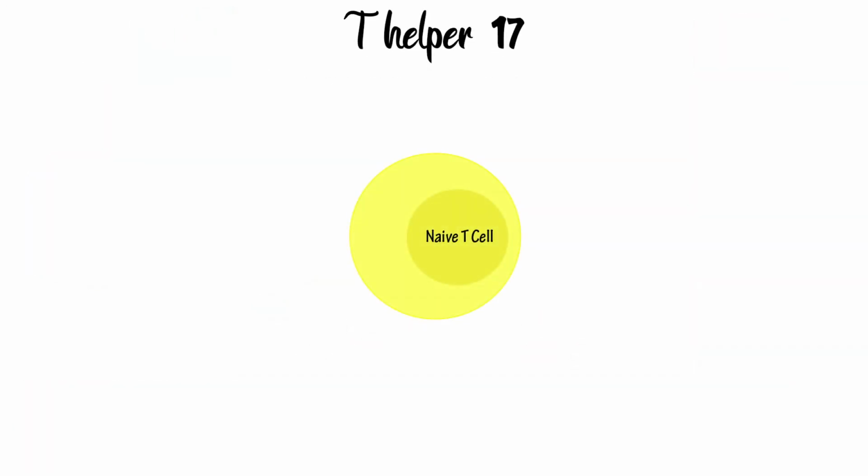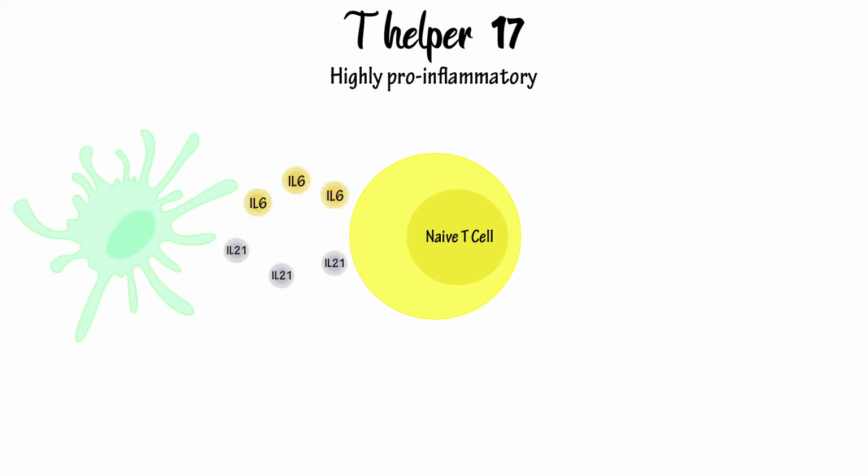The T helper 17 subtype, similar to the T helper 1 subtype, greatly encourages inflammation and is usually triggered by bacterial and fungal infections. IL-6 and IL-21 are needed for the Th17 response, which usually comes from the dendritic cell presenting antigen. The transcription factor is called ROR gamma T, and the resultant cytokines are IL-17 and IL-22.